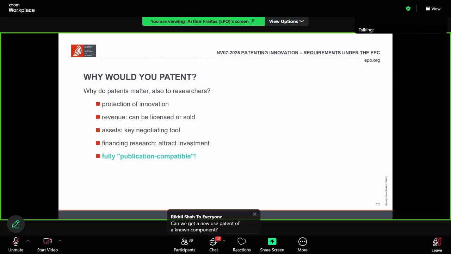Essentially, patents give you an exclusive right to exploit that invention, and you can prevent others from copying it. If you can prevent others from copying your invention, you can bring products to the market based on those patents, and you can command higher prices because you would have less competition, and therefore you can recoup your investment costs in terms of R&D.